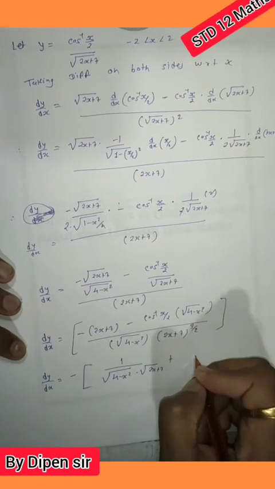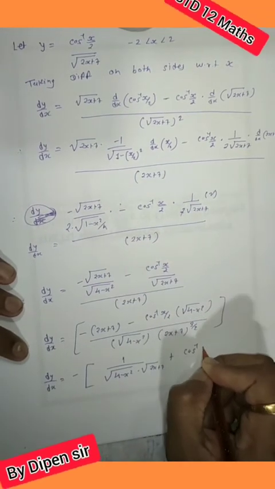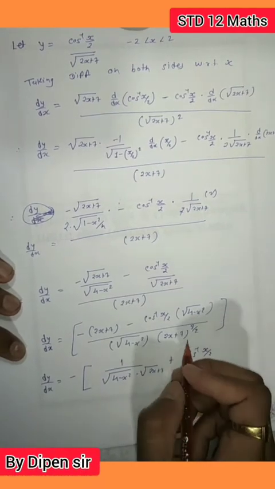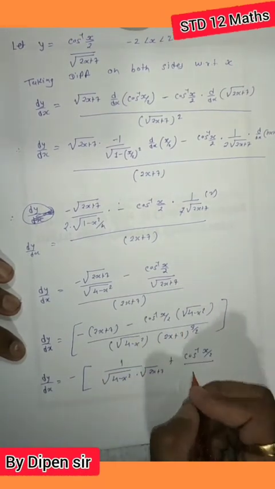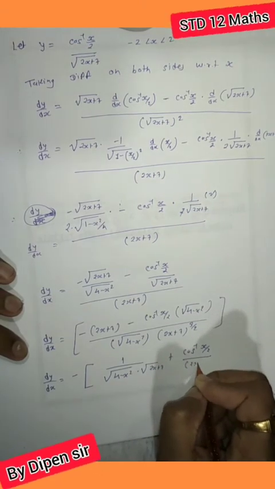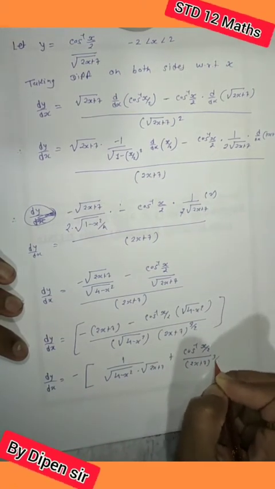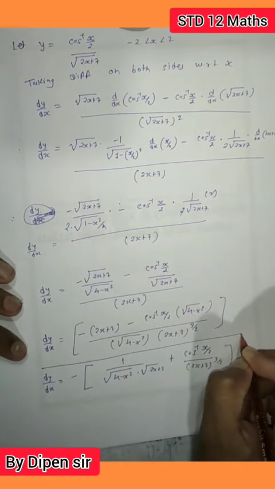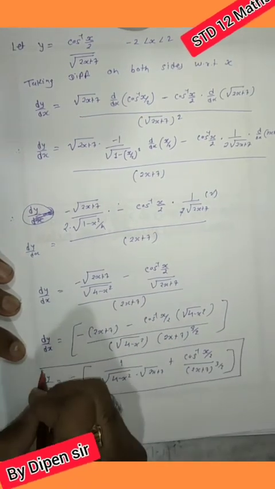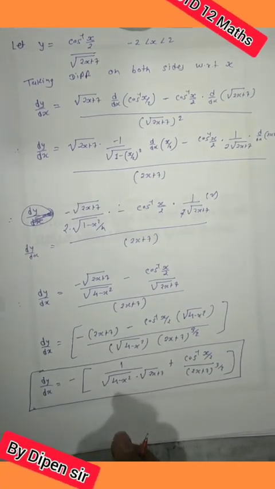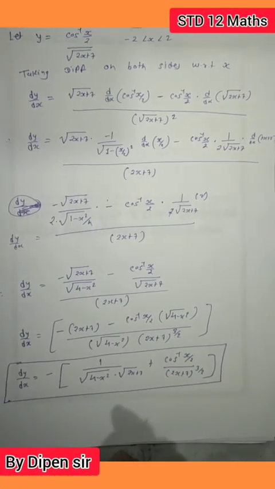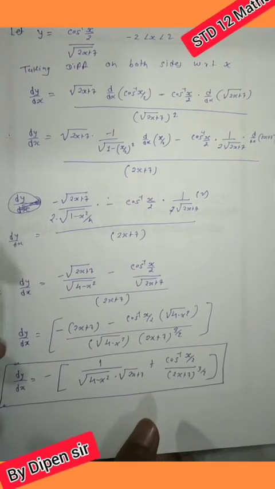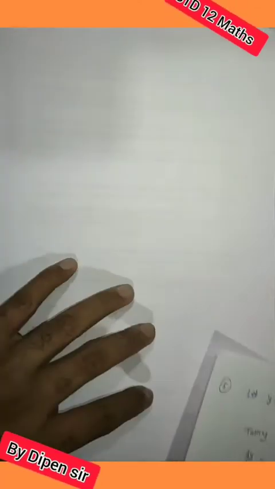Minus sign is common, so it's a plus, and it's cos inverse x by 2 divided by this, 4 minus x square will be cut, and this will be 2x plus 7 raised to 3 by 2. This can be your final answer. Done. Differentiation of function y with respect to x. Now next question, which is question number 6.